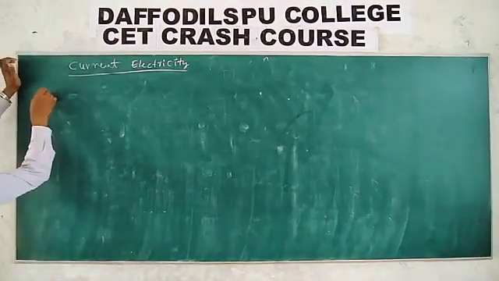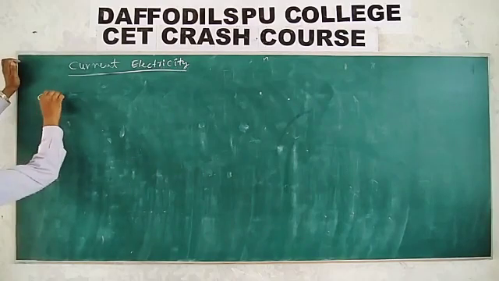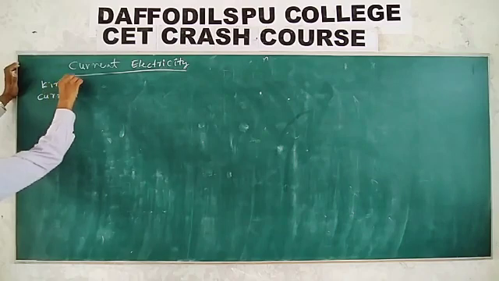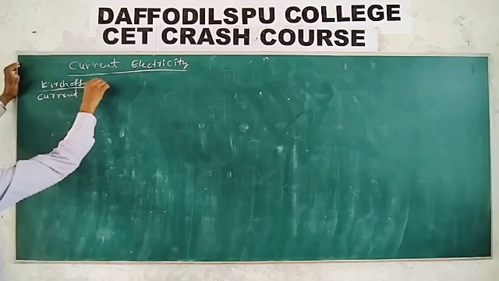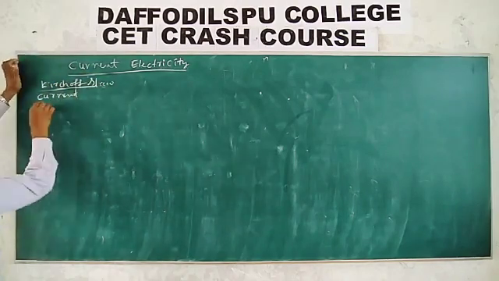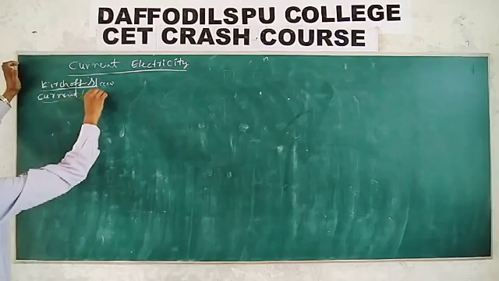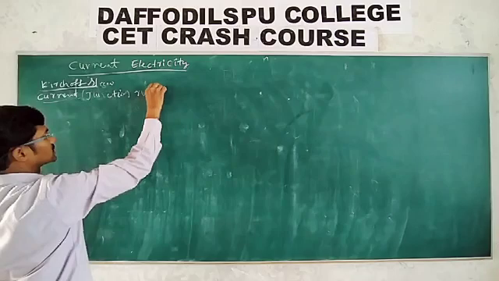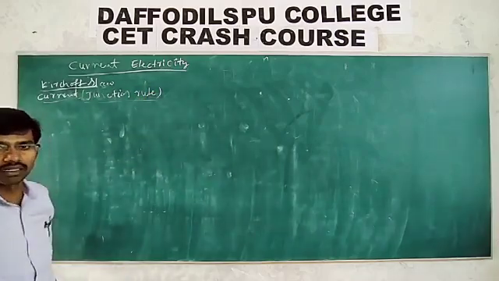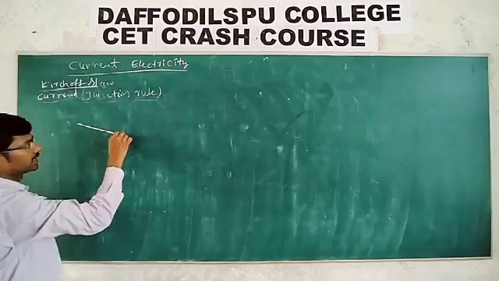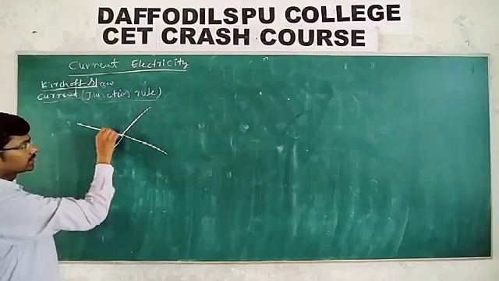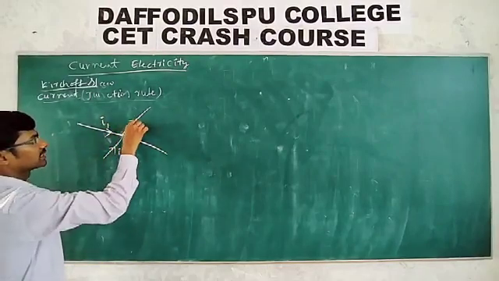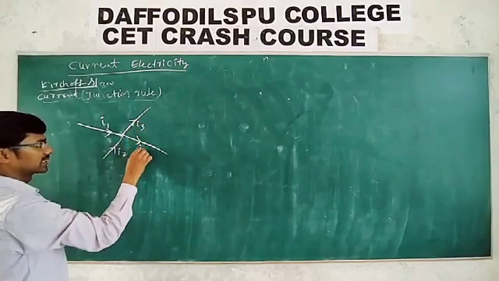Let us discuss Kirchhoff's laws. Current rule or junction rule. According to this, at a point in a circuit, the sum of the currents entering the junction is equal to the sum of the currents leaving the junction.